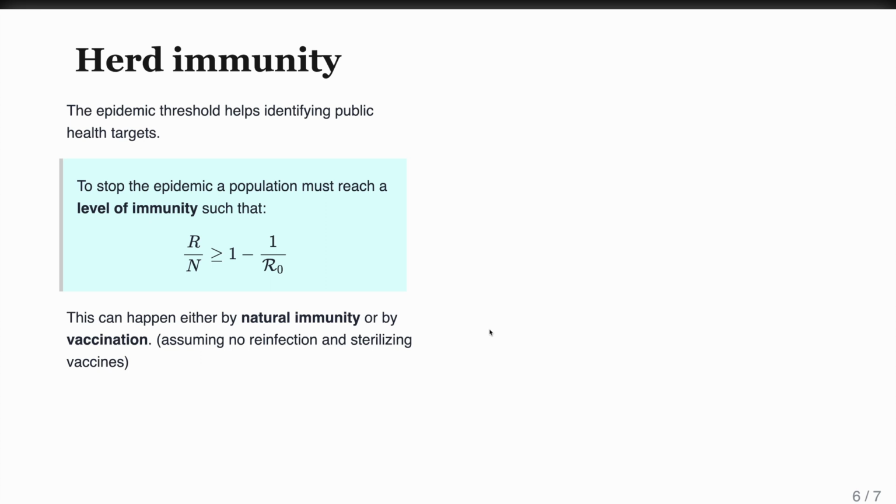This threshold tells us that if the level of immunity, in this case recovered over the total population, remember that in these simplified models we assume that people that recovered are totally immune, like for measles, if this ratio is above the herd immunity threshold, it means that we won't observe a new outbreak if we introduce the pathogen in the population. And this can happen either by natural immunity, as I said before, or by artificial immunity through vaccination.